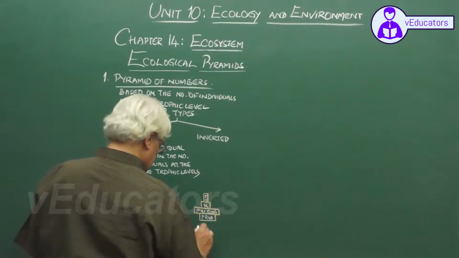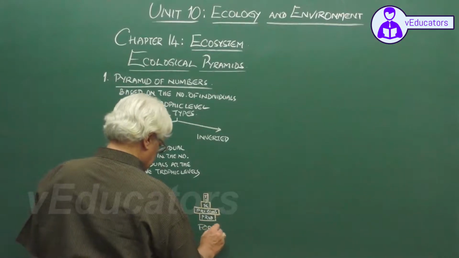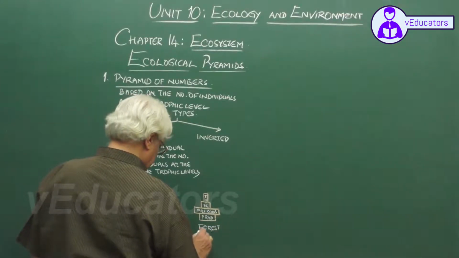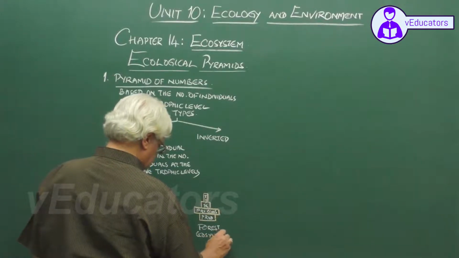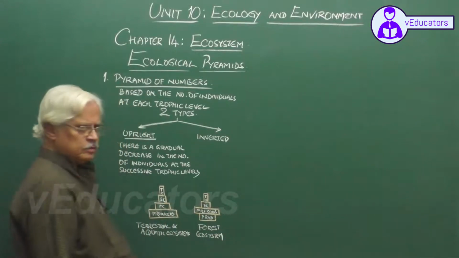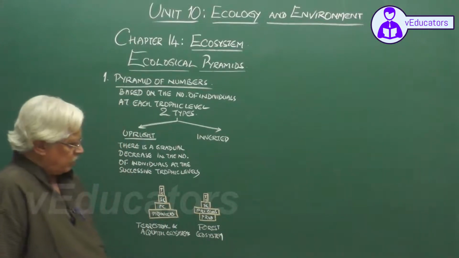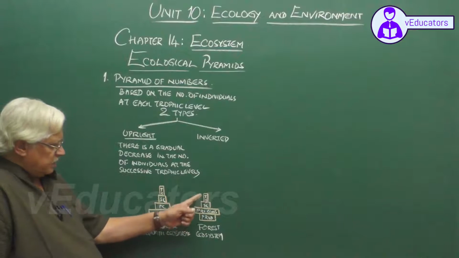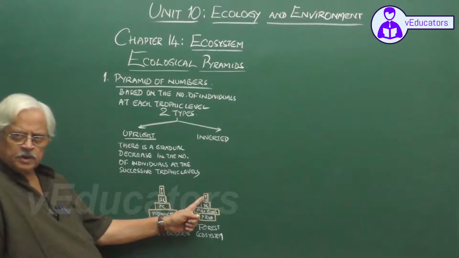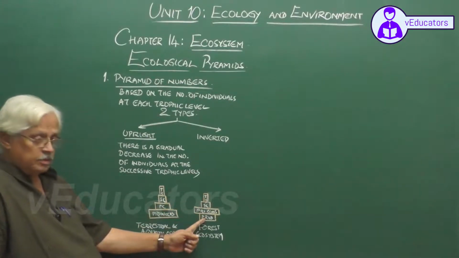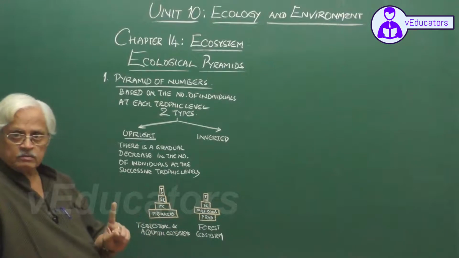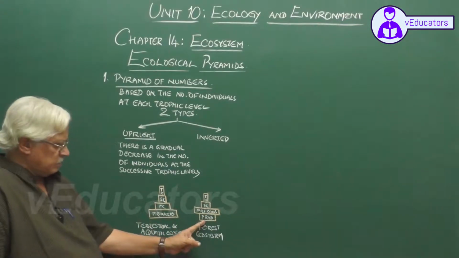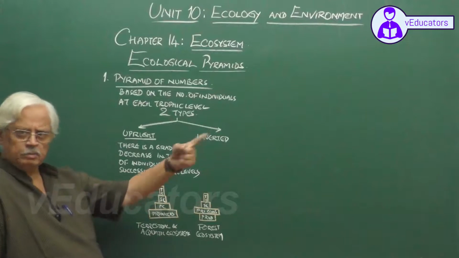So this is the situation in most of the food chains in the forest ecosystem. No doubt the pyramid is upright here, but the base is narrower, but the apex again tapers.